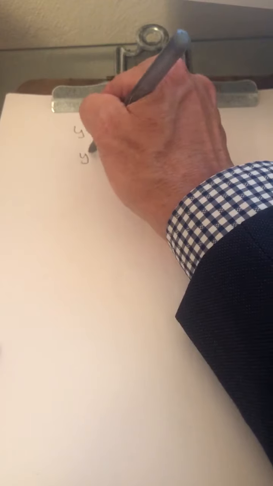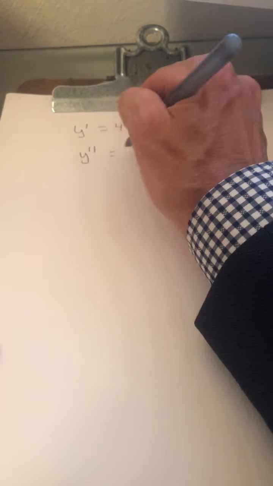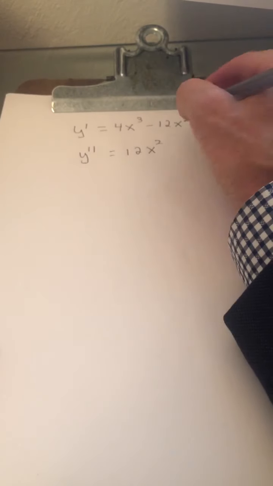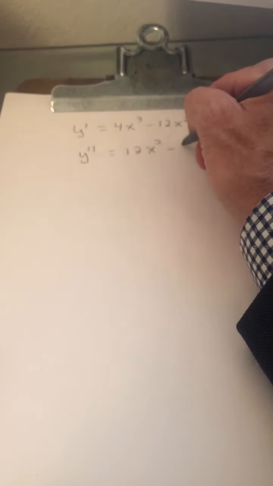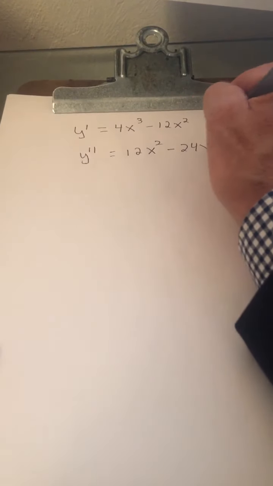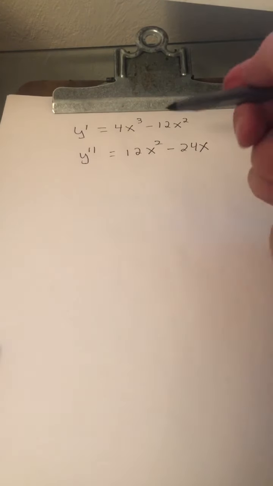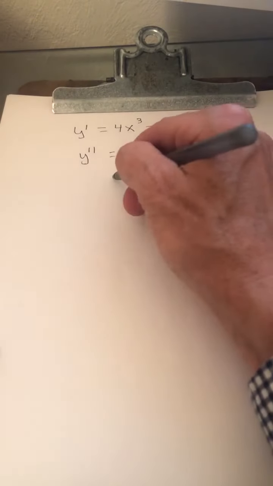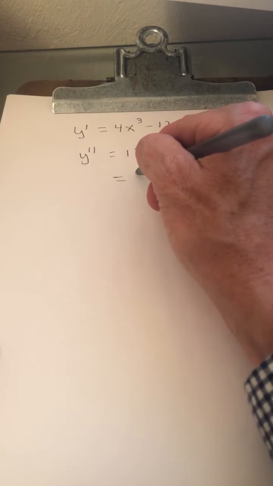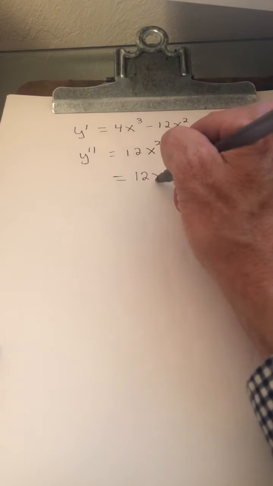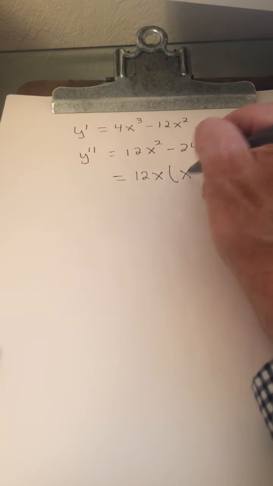So y double prime is 12x squared minus 24x, which can be factored as 12x times the quantity x minus 2.